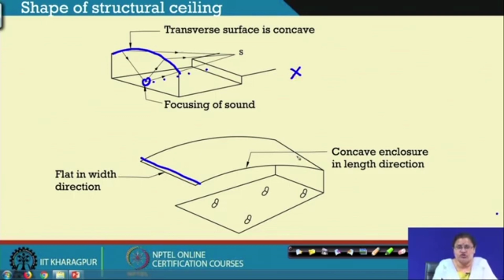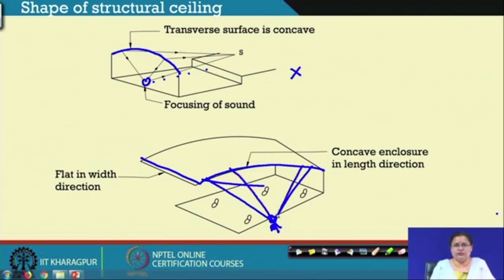Yes, this can also lead to focusing of sound, but look at the curvature, it is quite flat. So, even if there is sound focusing, the focusing will happen below the sitting area. This we had shown earlier. I think we have another slide to show that.